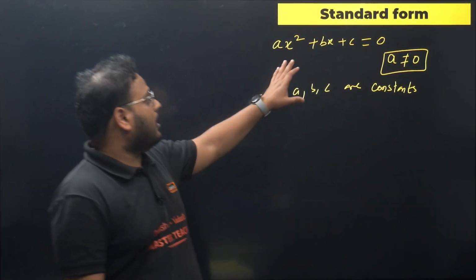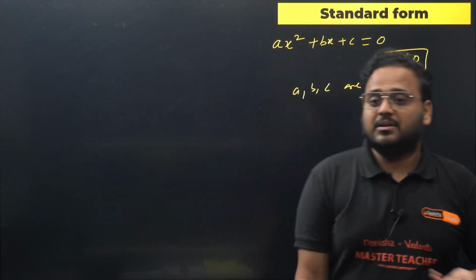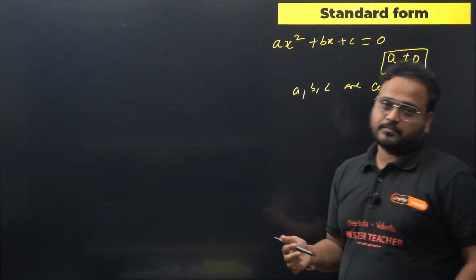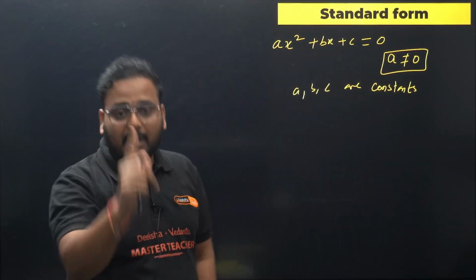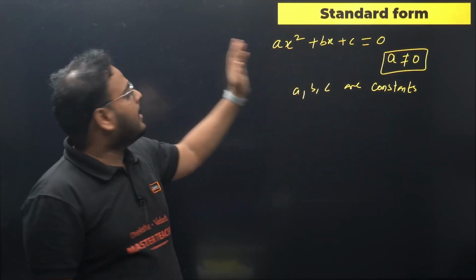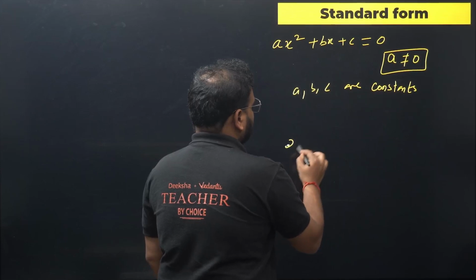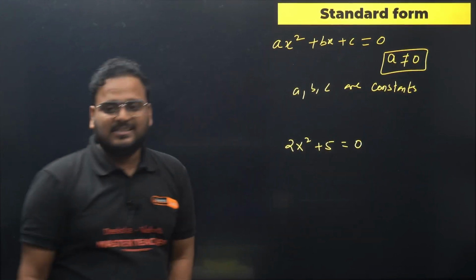Basically they might give you an MCQ and ask you to identify whether the given equation is quadratic or not. So how can you say that? There should be a variable with the power 2, with the degree 2, and of course that should be the highest degree. If bx is missing, for example 2x square plus 5 equal to 0, is this a quadratic equation?